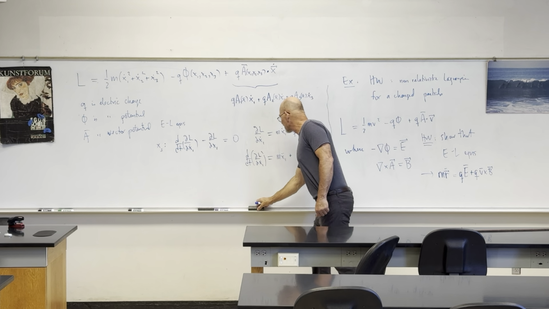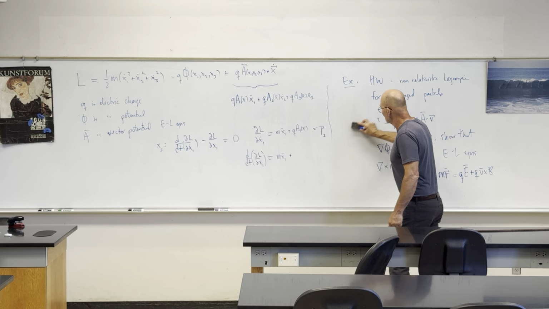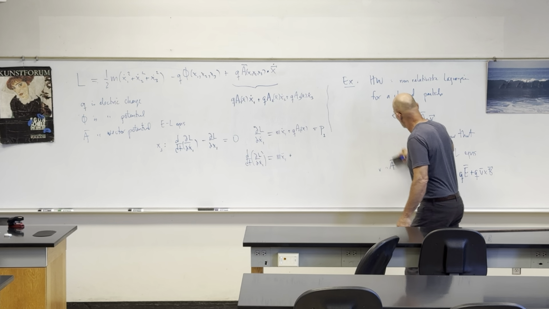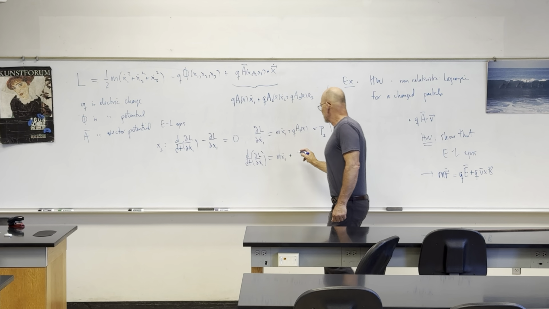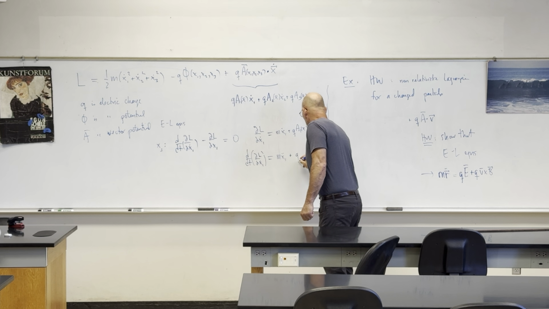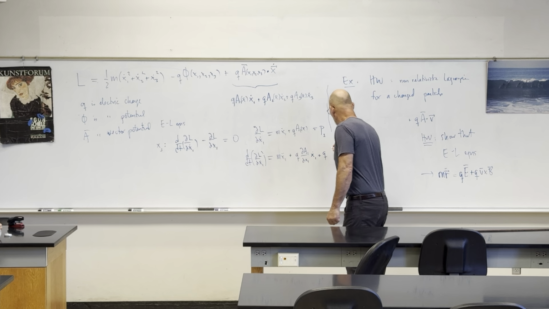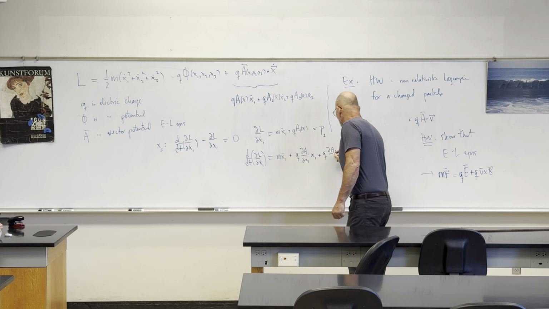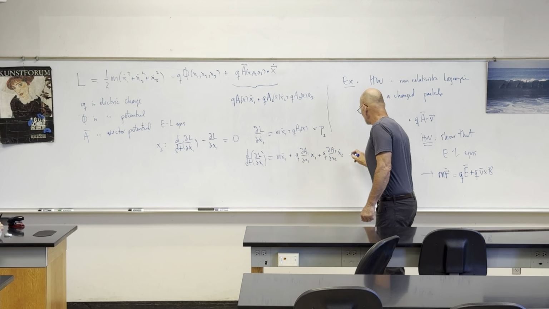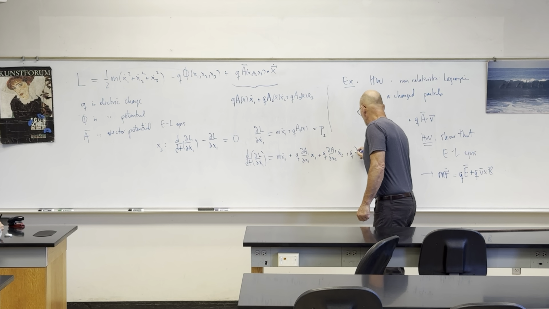Should I write it down here? Let me go ahead and erase this, a little more room. So we would have q dA1 dx1 dx1 dt plus q dA1 dx2 plus q dA1 dx3.